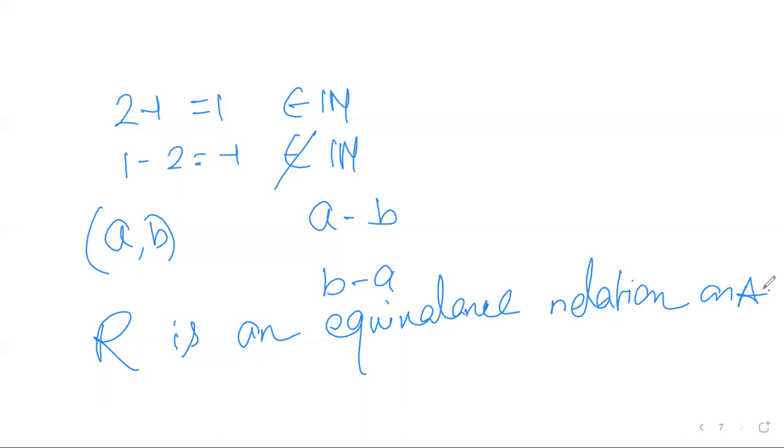The subtraction operation is not well defined, so somehow we want to define subtraction on the natural numbers, because subtraction is well defined in the integers but not in the natural numbers.